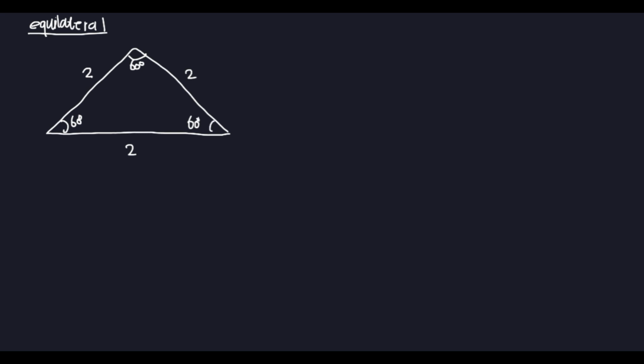Now here what we are going to do is draw a line from A perpendicular to BC, so that we form a right angled triangle inside. So we can draw this line perpendicular to BC. So here we have formed two right angled triangles.